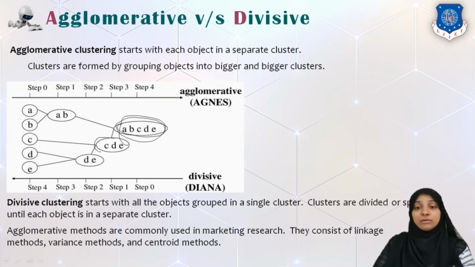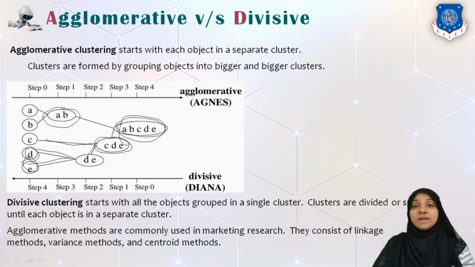So it finds that C, D, E are actually different from A, B. So C, D, E are made into one cluster. Again, it finds that C is different from DE. That's why C is separated out from the DE cluster. Later on, it finds that D and E are different from each other. Hence, there is a single cluster each for D and E.